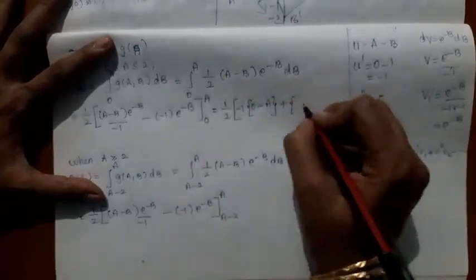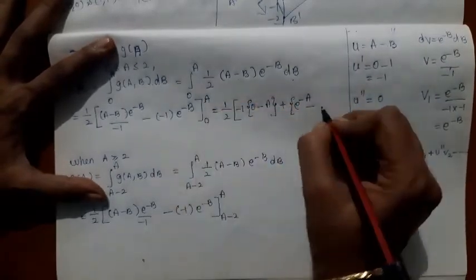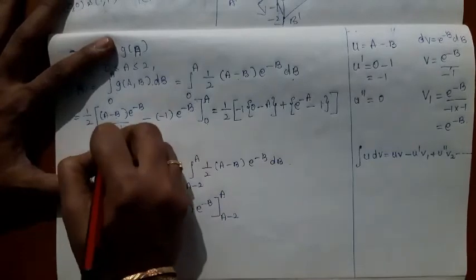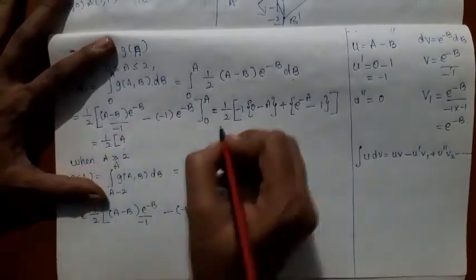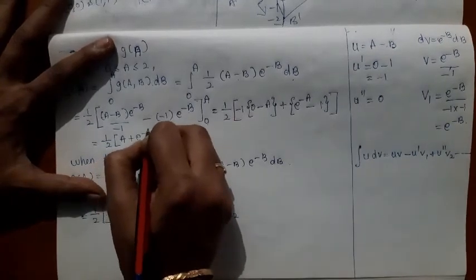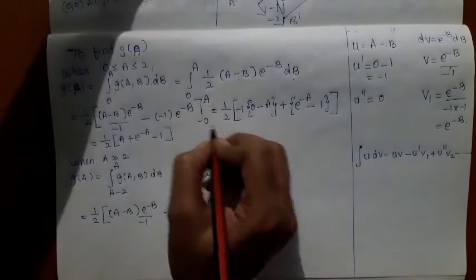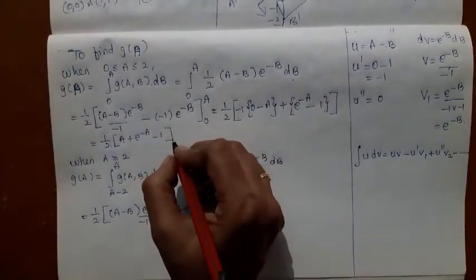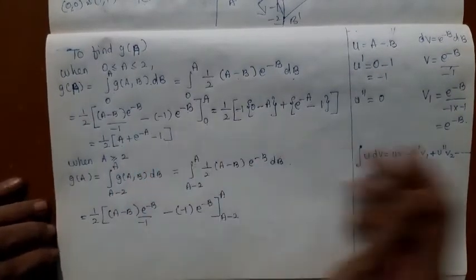Put the upper limit for b as a, e power minus a. Put the lower limit for b as 0. You get 1. Right? So what is the answer? 1 by 2, minus into minus is plus, a plus e power minus a minus 1. Okay. So this is your final answer. 1 by 2 (a plus e power minus a minus 1) is your g of a.